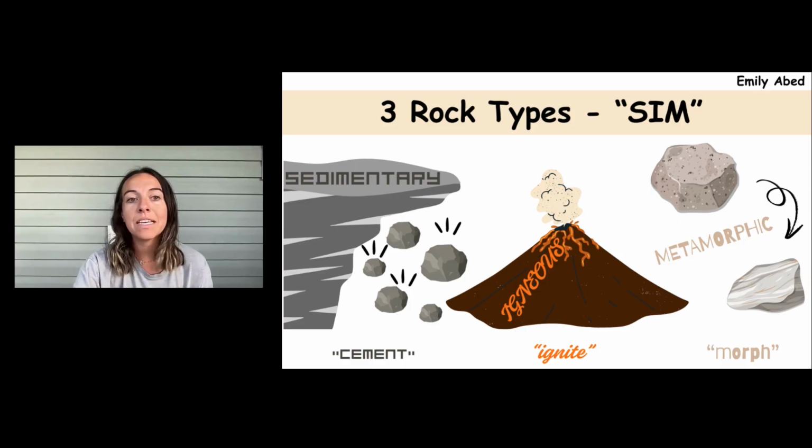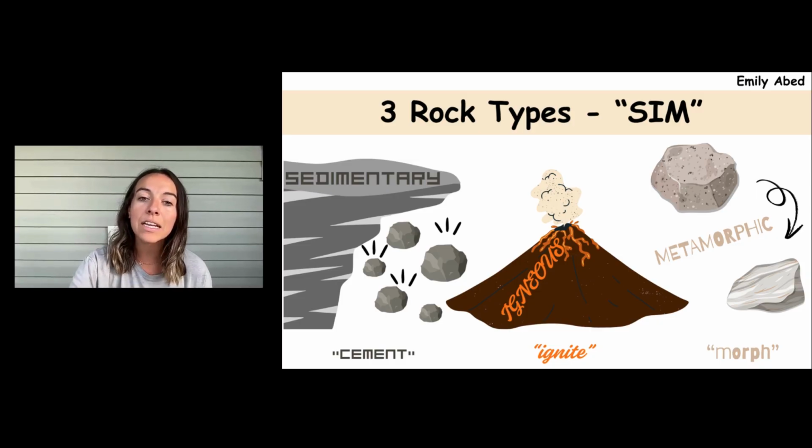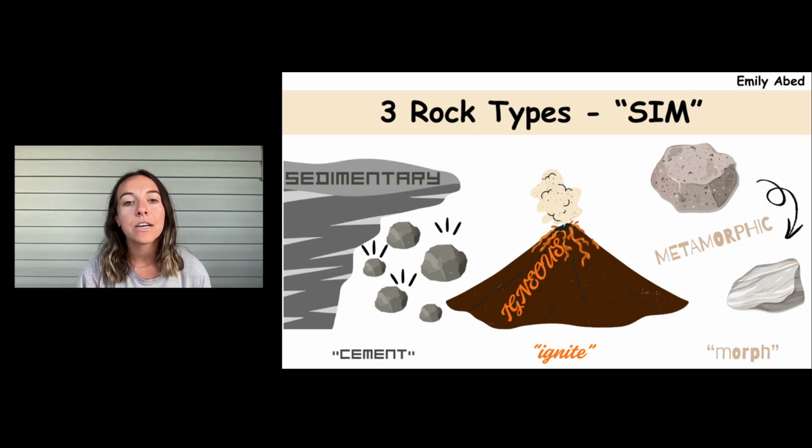This is the rock cliff, and the rocks are breaking off into little pieces. And then we have igneous, which I always think of as a volcano with molten lava hardening, and that becomes igneous rock. So I put the word igneous flowing like it's lava. That's easy for kids to remember, and I'm very visual as well.